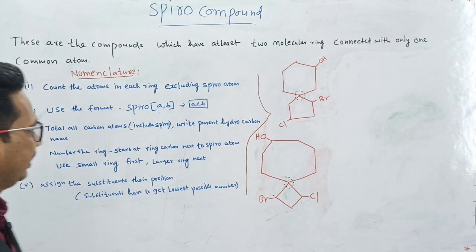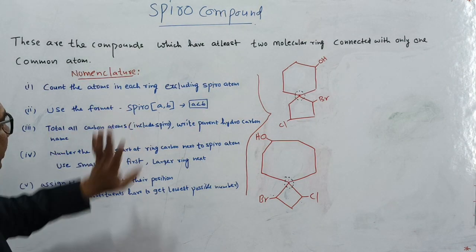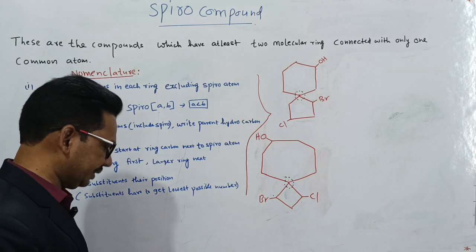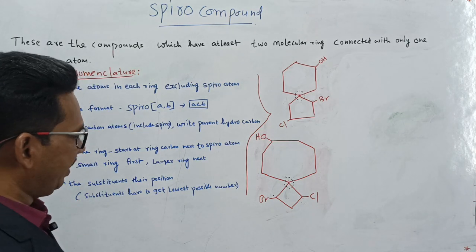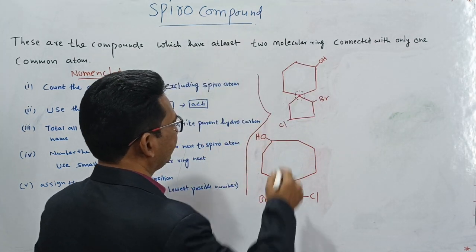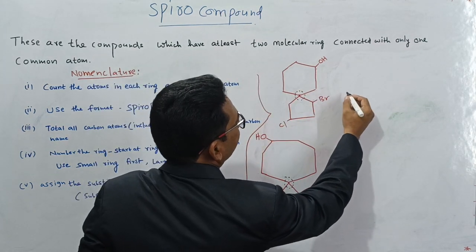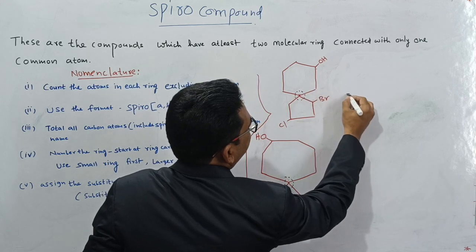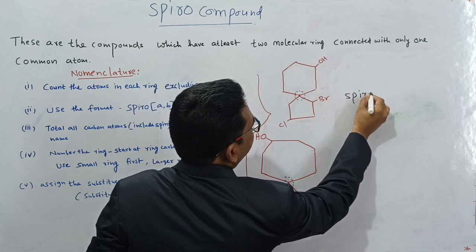Okay. Then generally the format we use is Spiro A comma B. Here you can see for this compound, this is the Spiro compound. I am mentioning Spiro.